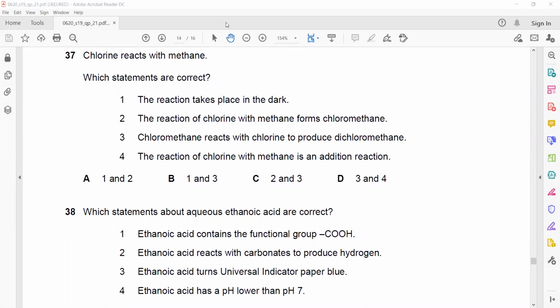Does the reaction take place in a dark room? No, it requires ultraviolet light. Reaction of chlorine forms chloromethane, that's true. Chloromethane reacts with another chlorine to form dichloromethane, that's true. The reaction of chlorine with methane is not addition, it is substitution. So statements 2 and 3 are the correct statements.